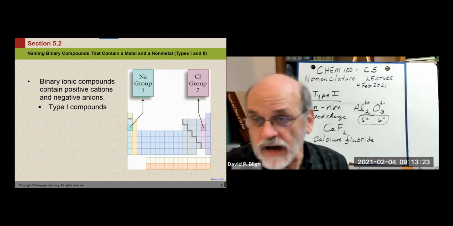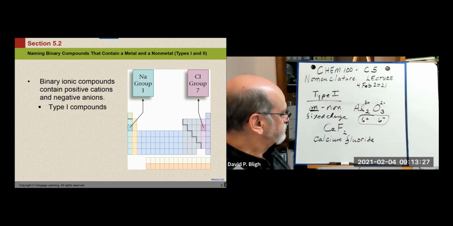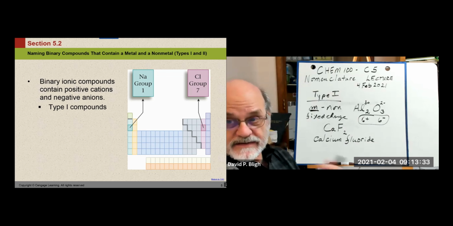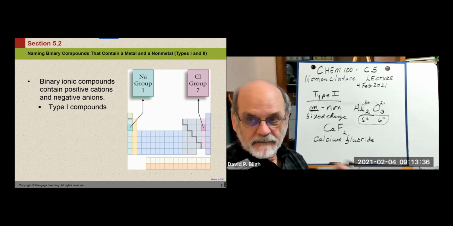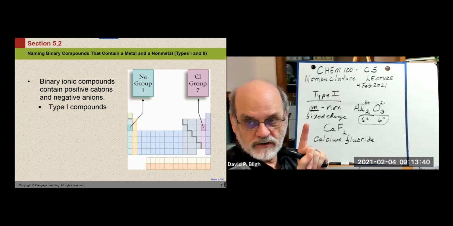Now we have a neutral compound. The charge is balanced. Okay, so that's a type 1 compound. The metal is always a fixed charge.